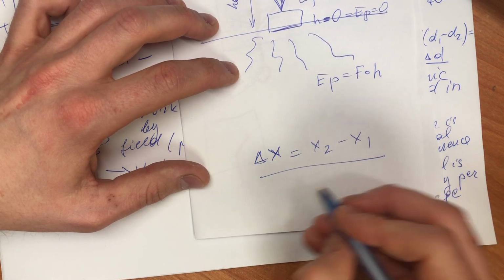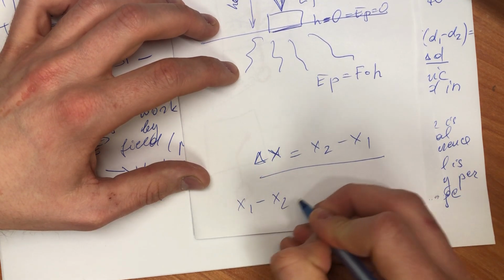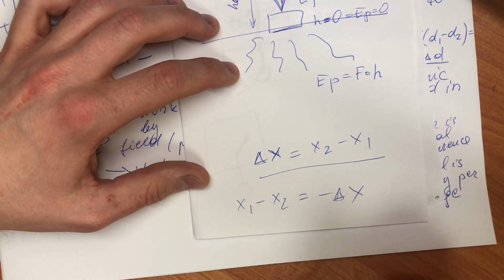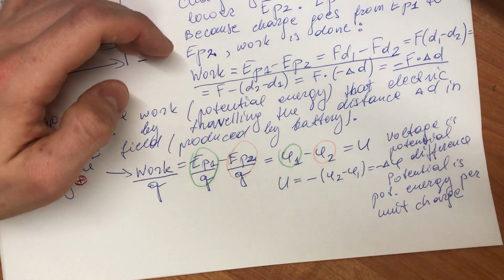If we want to write x1 minus x2, we write minus delta x. So the same thing is going on here.